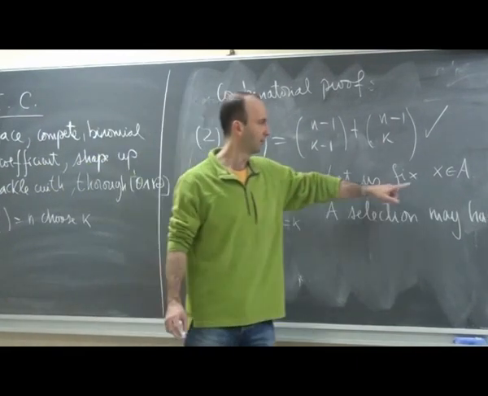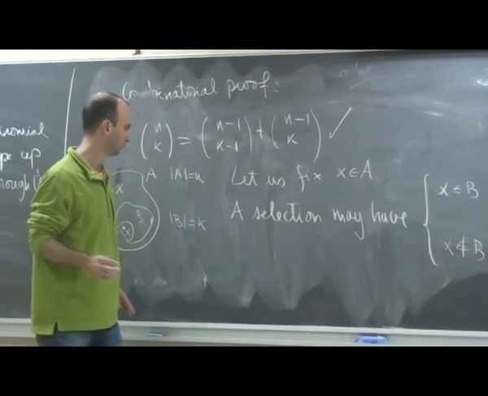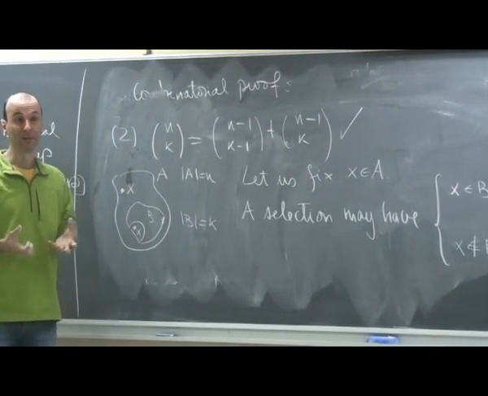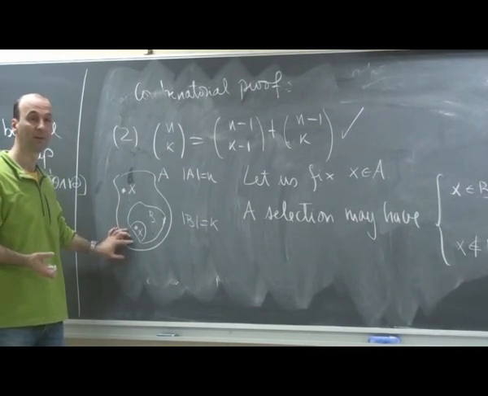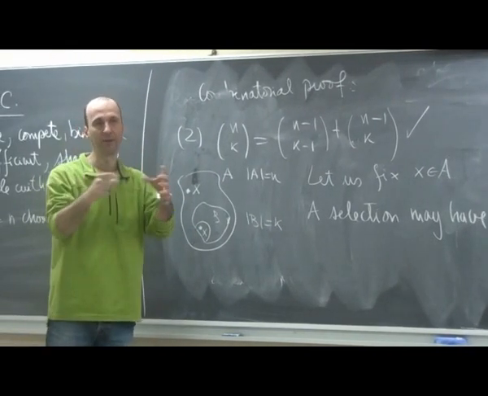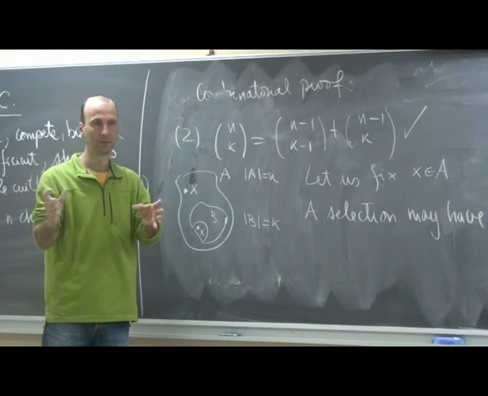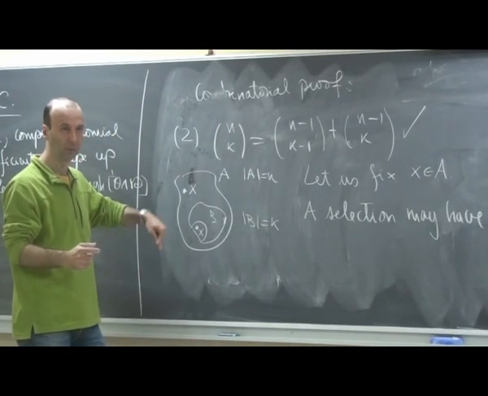I fix an element x in A, any one. And now I make a selection. That selection can have x in it or not. Both cases are disjoint, either it is or it is not. So I'm going to count when it is in and when it is not in.